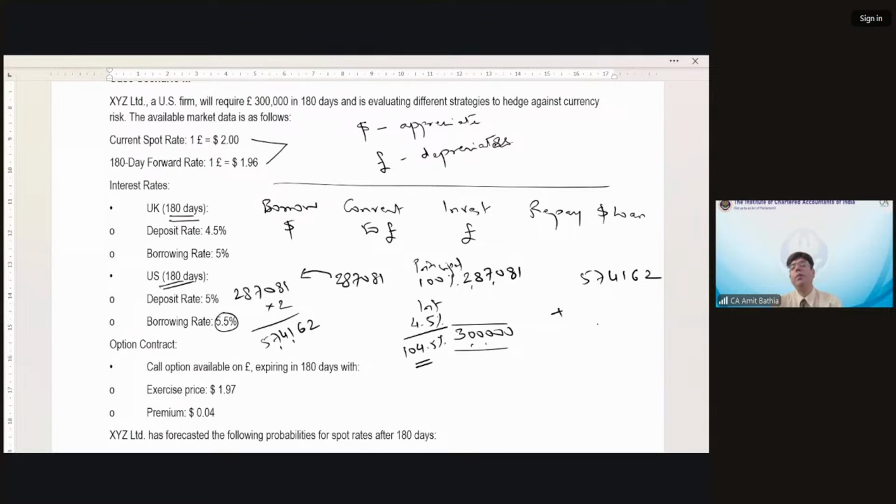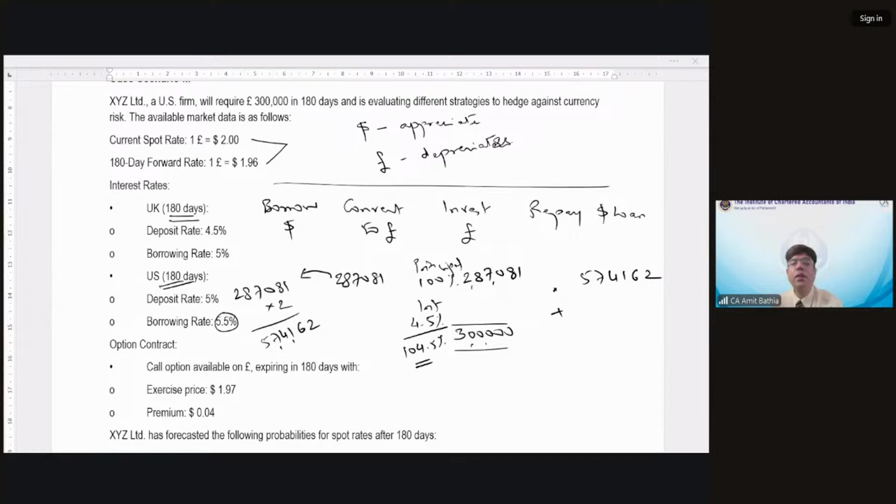So I'll pay 5.5% on 574,162. $574,162 into 1.055.